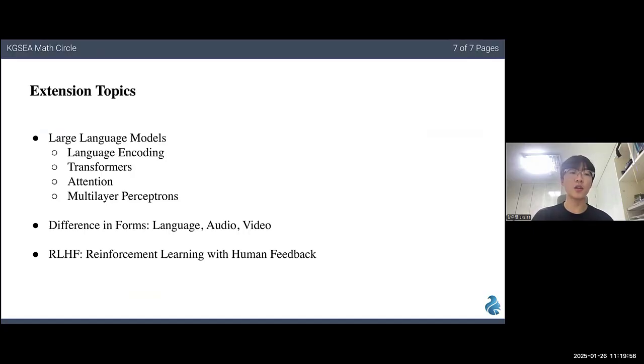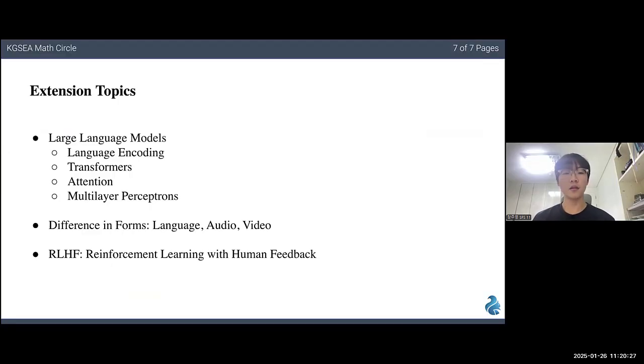Now, the possible topics that we can extend beyond to improve our understanding can be how this applies to large language models such as ChatGPT, and how language encoding differs from simpler deep learning neural networks, such as the example that we discussed, in terms of language encoding, transformers, attention, and multi-layer perceptrons.